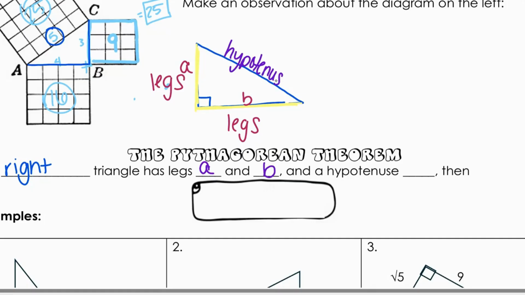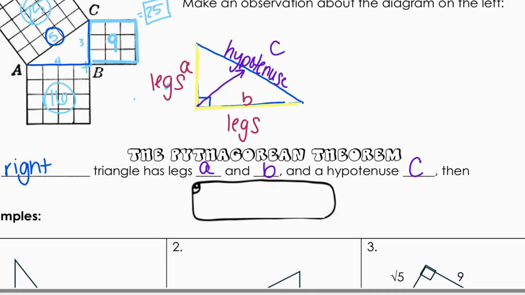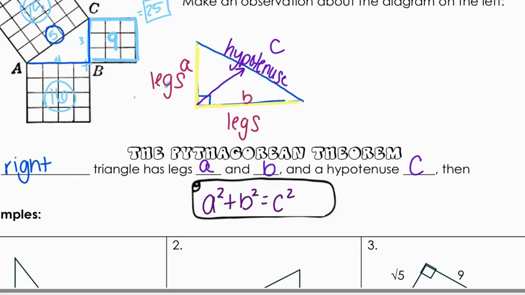And the hypotenuse is the longest side of the triangle. It is directly across from the 90, and we refer to this as your C variable side. And so if this is true, then the formula is A squared plus B squared equals C squared, where A and B are the legs and C is the hypotenuse.